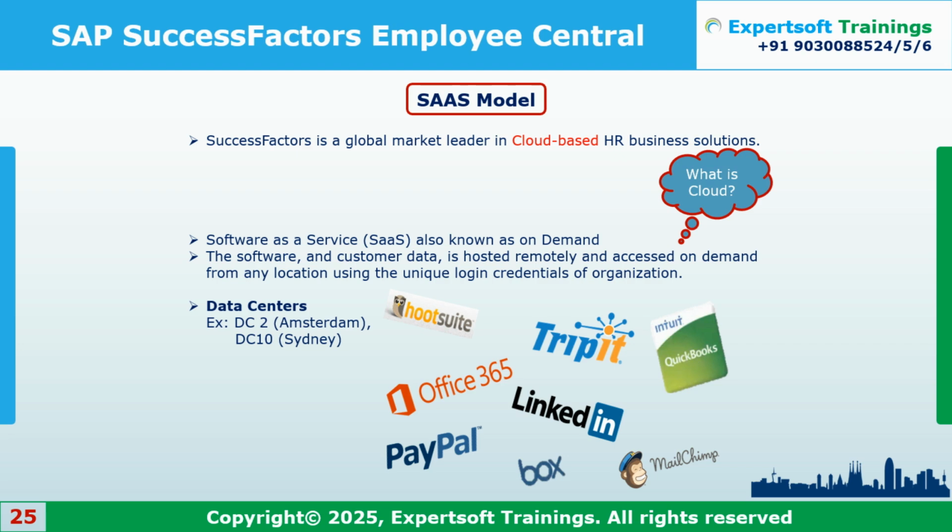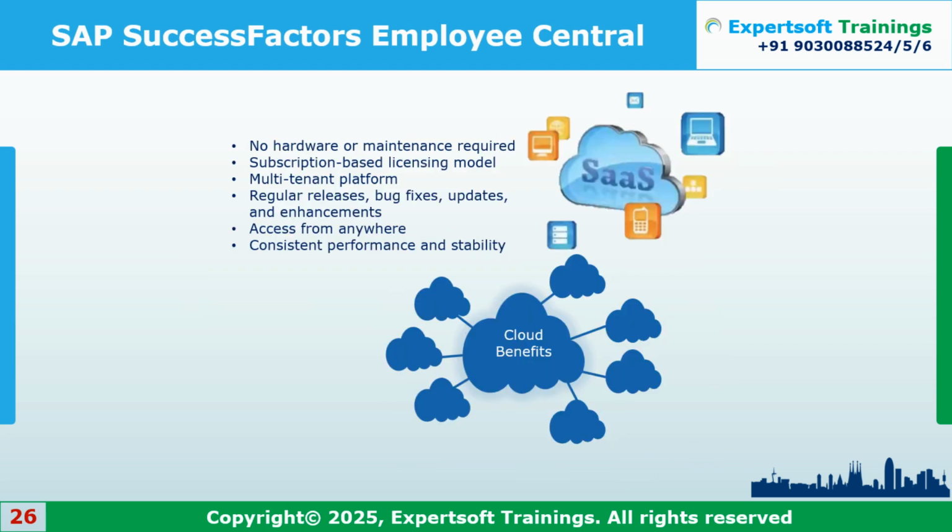These are the cloud offerings we have already been used to. We work with different cloud offerings like LinkedIn and Office 365. The basic benefits of using cloud computing are that we don't need any hardware or maintenance. It is a subscription-based licensing model, and it is a multi-tenant platform.